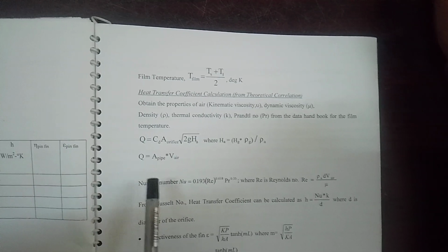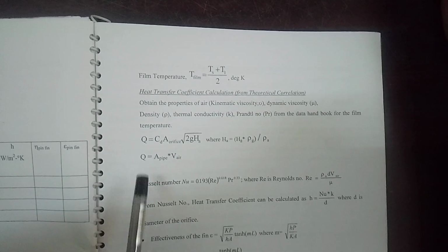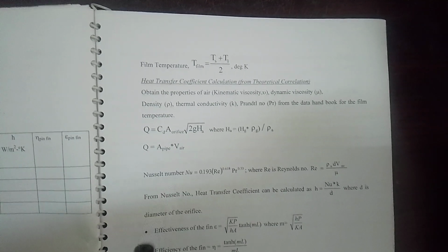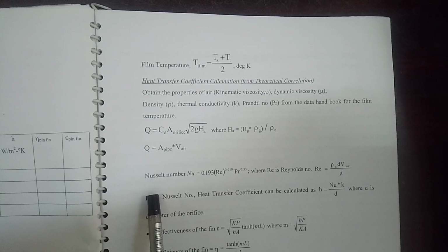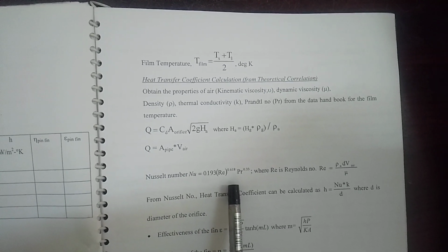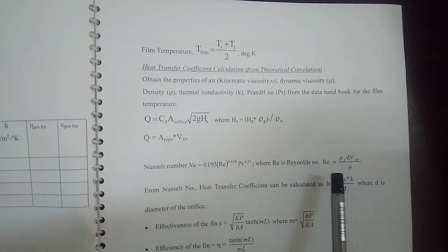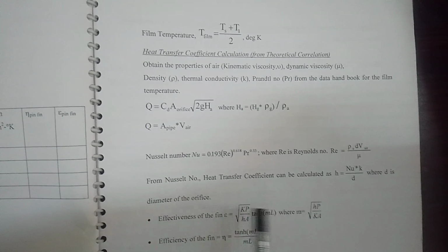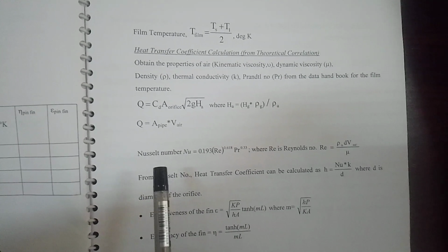The value of h is given here. So you will get the value of Q. All this you put into the Nusselt number, and before that we need to find the Reynolds number. Afterwards you will get the Nusselt number.